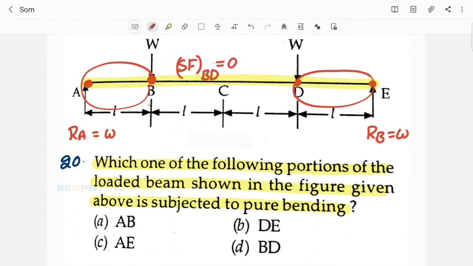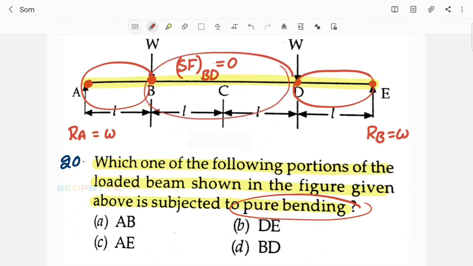Wherever the shear force is 0, the bending moment may be either minimum or maximum. That bending moment I can call pure bending moment. So for the given diagram, by looking at the diagram you can have the answer that the pure bending moment is occurring between D and B, because in this section the shear force will be 0.